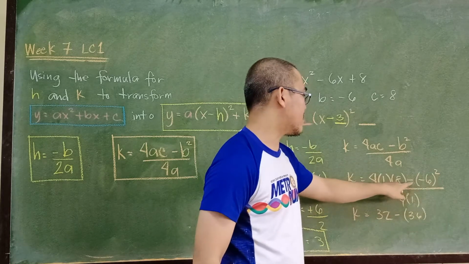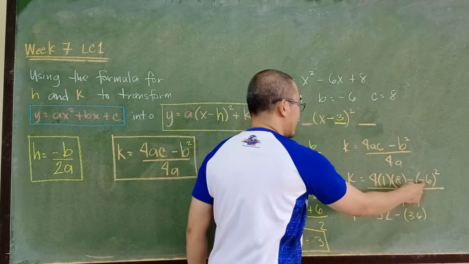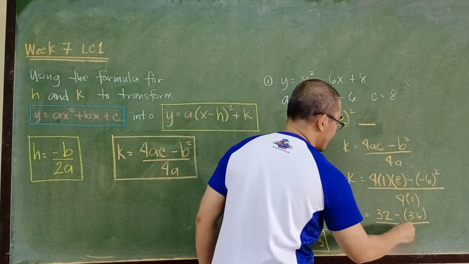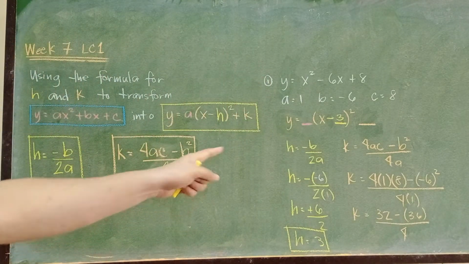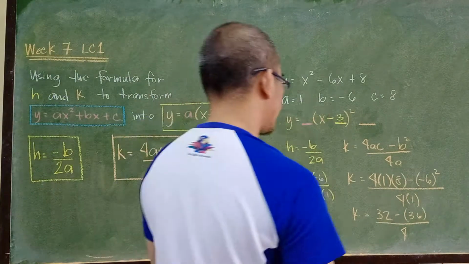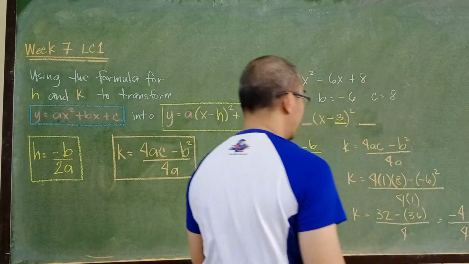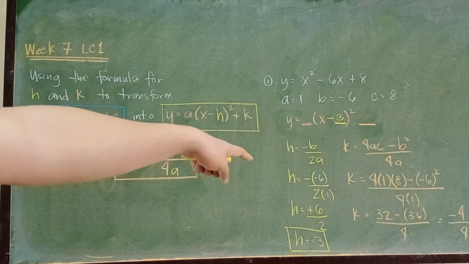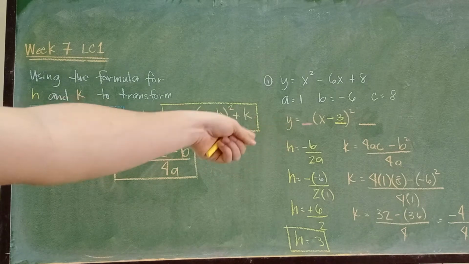So, hindi mo pwedeng pagsamahin itong dalawa. Ito muna, yung exponent. So, negative 6 times negative 6, that is positive 36, all over 4. Next, 32 minus 36, that is negative 4 over 4, tama? 32 minus 36, that is negative 4 kasi mas mataas yung 36 which is negative.